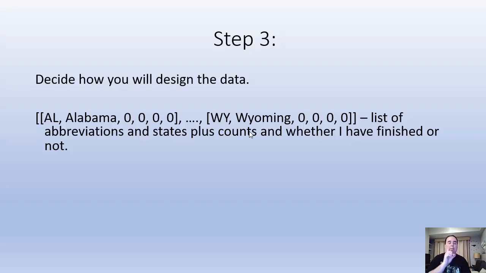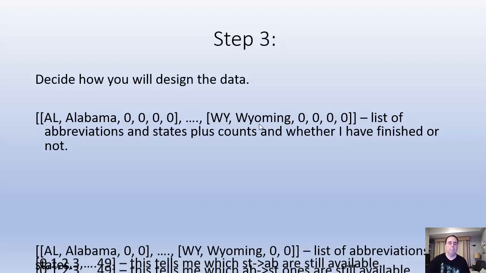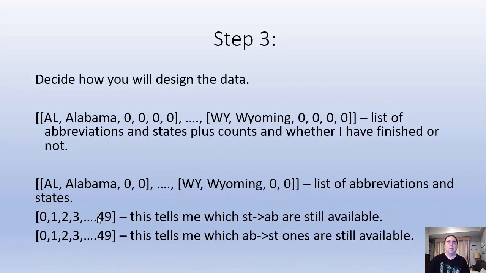Even if there are 50 states and only one of them is left for me to ask, I may get 1,000 tries before I finally get that one, and it can do it in the blink of an eye. But it's a bad design. So we shouldn't do it that way. So I came up with another method. So let me show you what I did. I broke it up into 3 lists.